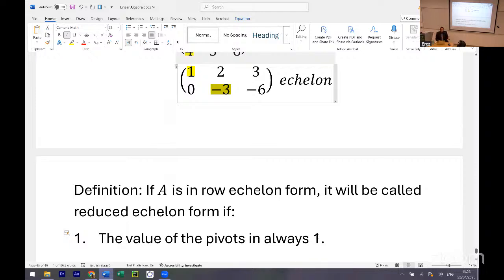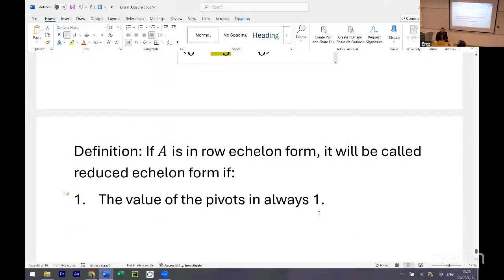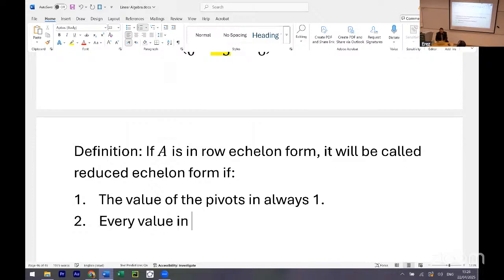Yes, 1 and 0 have to be in any field. 1 and 0 are the stars here, because pivots are defined as the first elements which are not 0, and in reduced echelon form we demand that they equal 1. That actually gives us the solution. And the second condition is that every value in a column above a pivot must be 0. So the zeros and 1 are the stars here.